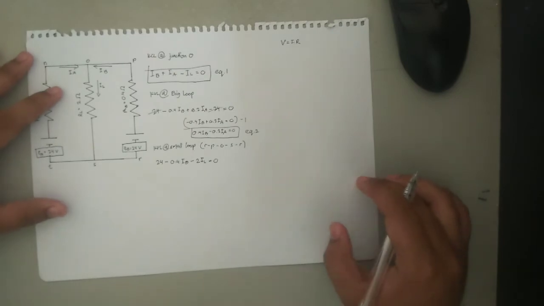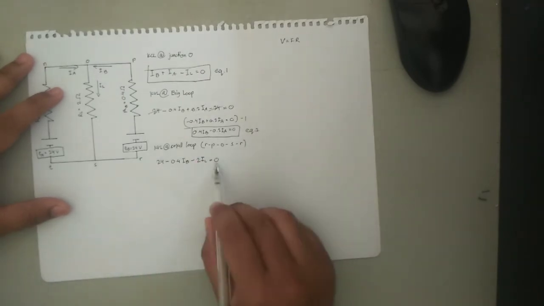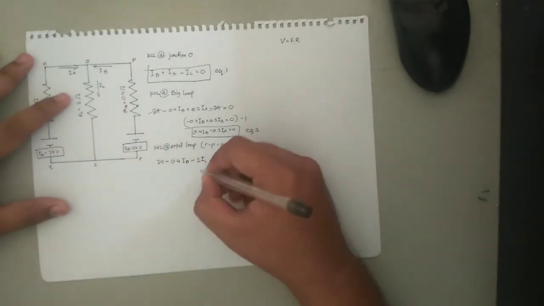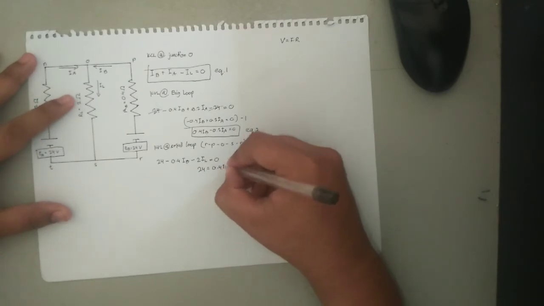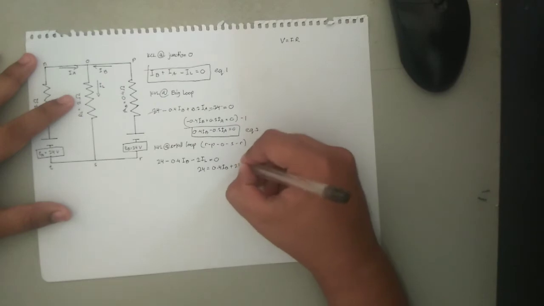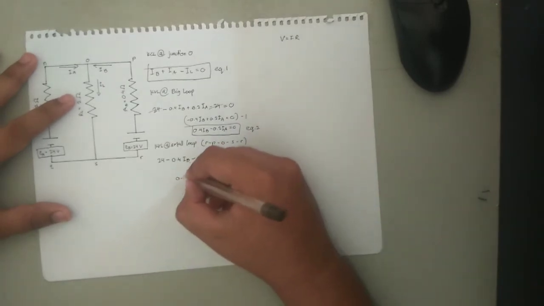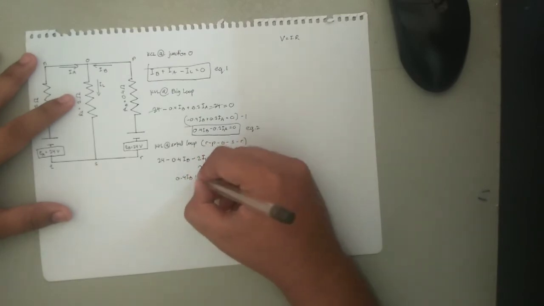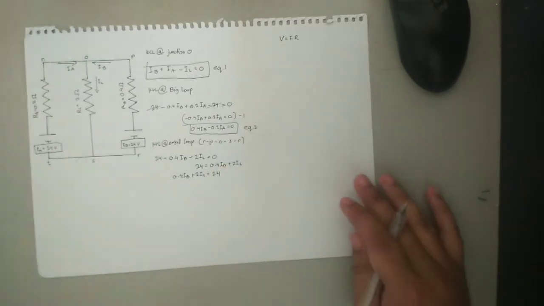So we're going to transpose both of these to the right side. So that's 24 equals 0.4 IB plus 2 IL, or you can write it as 0.4 IB plus 2 IL equals 24.